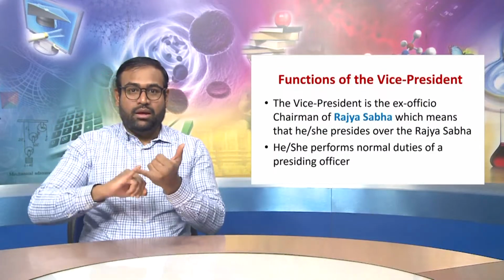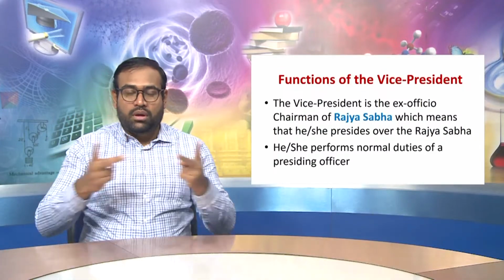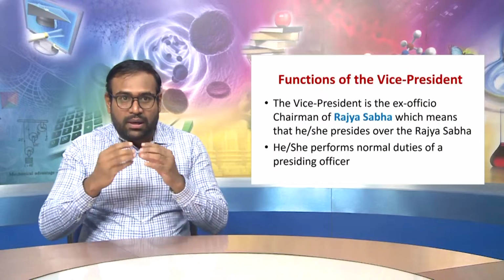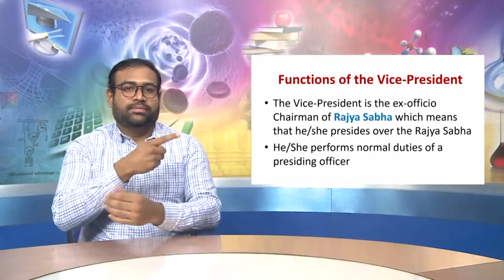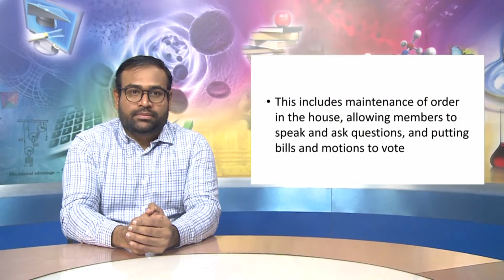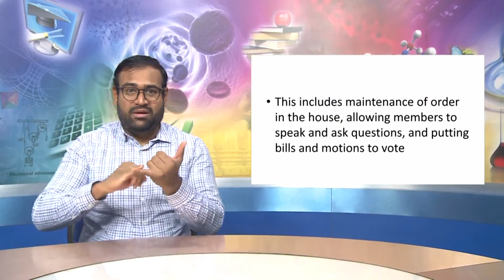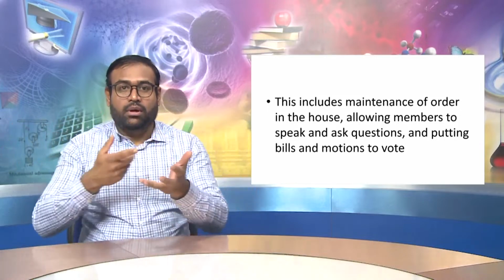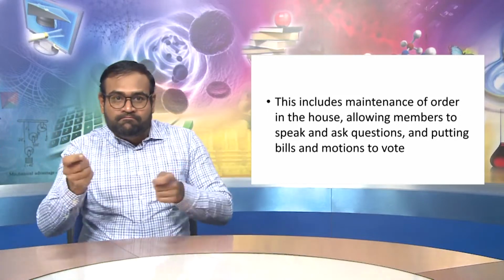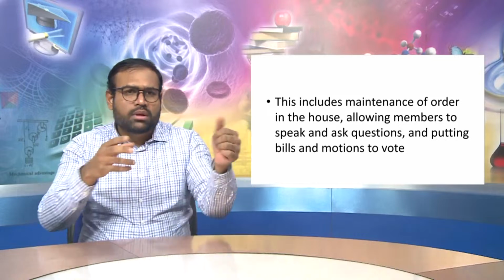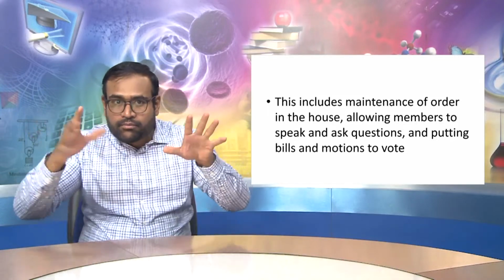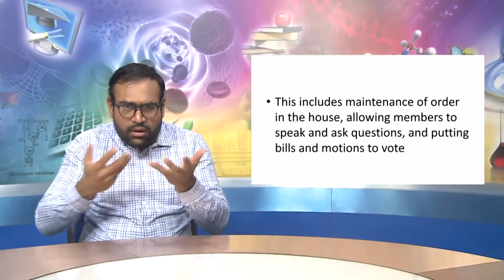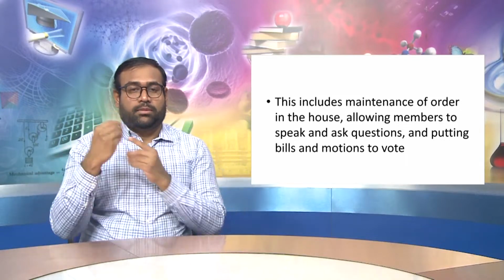He or she performs normal duties of a presiding officer. This includes maintenance of order in the House, allowing members to speak and ask questions, and putting bills and motions to vote.